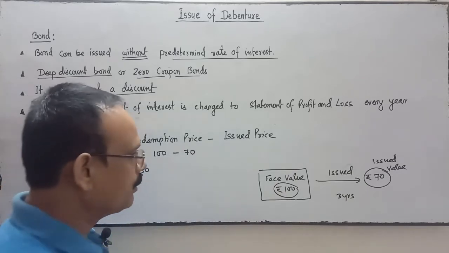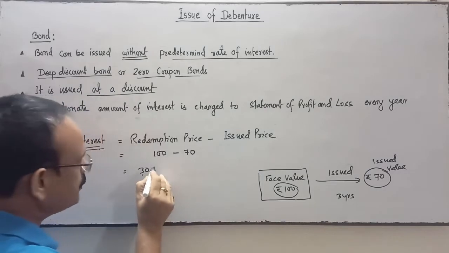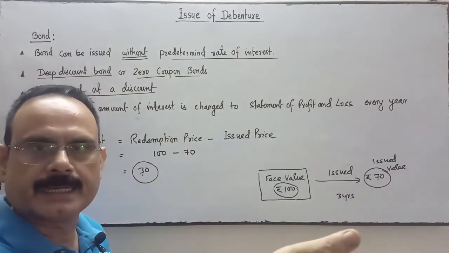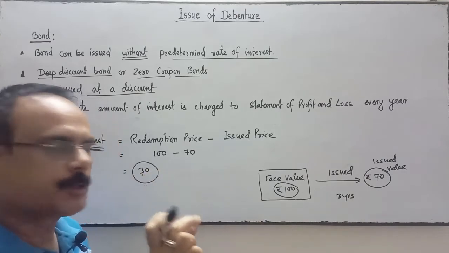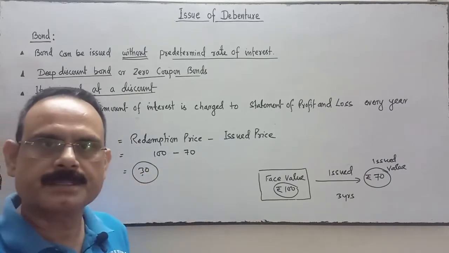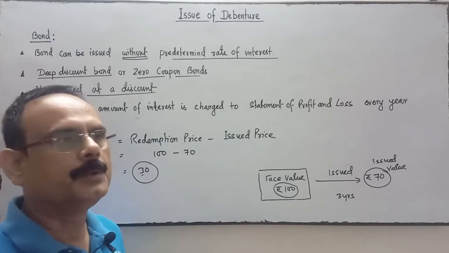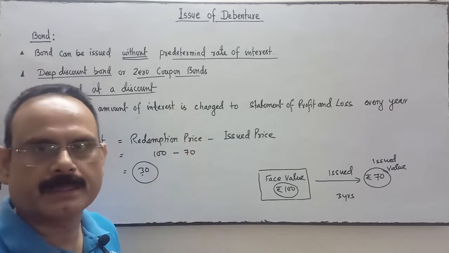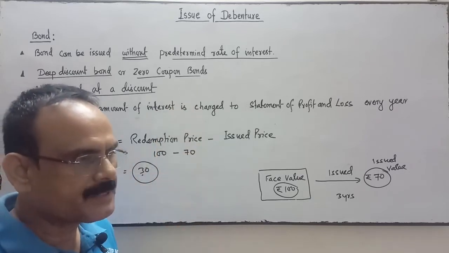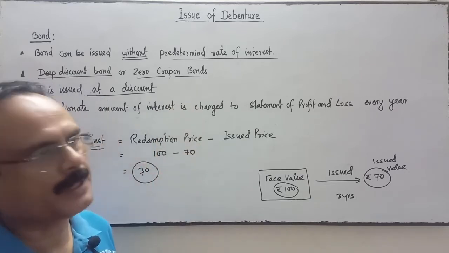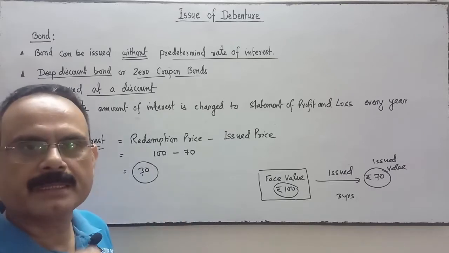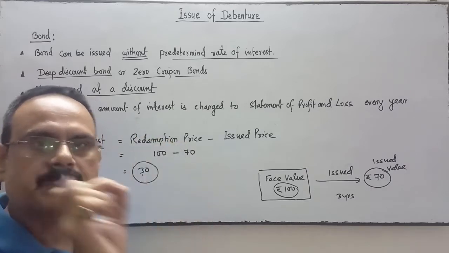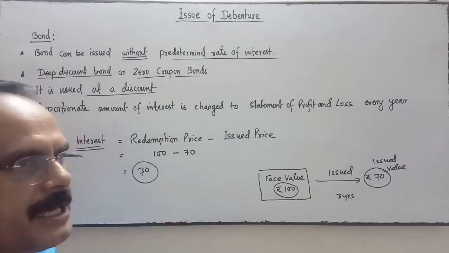The whole amount of 30 rupees is not going to be debited to the statement of PL account in the year it is redeemed. But the proportionate amount of this 30 rupees over 3 years, 10 each, will be debited to the statement of PL, and this comes under the financial charges. When the company prepares the statement of PL, this interest on bond will be reflected, but proportionately, as a financial charge.